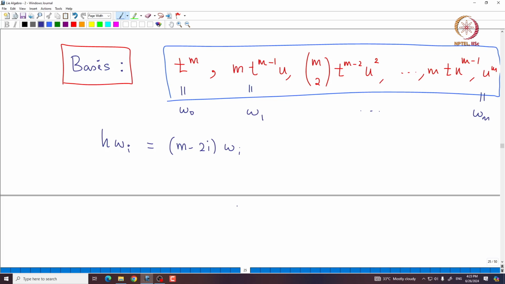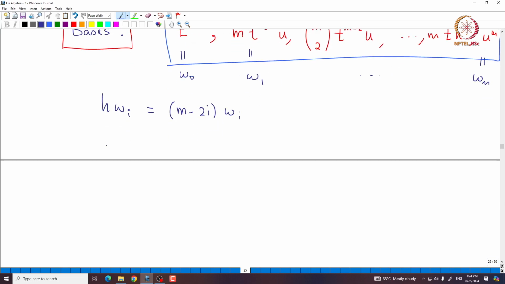And if you take for example x w i, that is going to give me m minus i plus 1 w i minus 1, and you just take w minus 1 to be 0 here, because x w 0 is going to be 0.